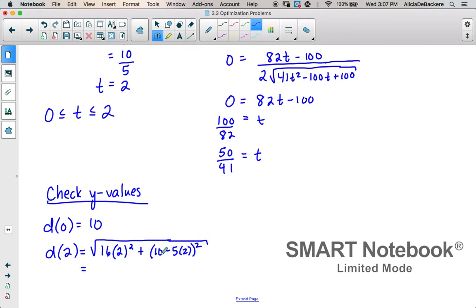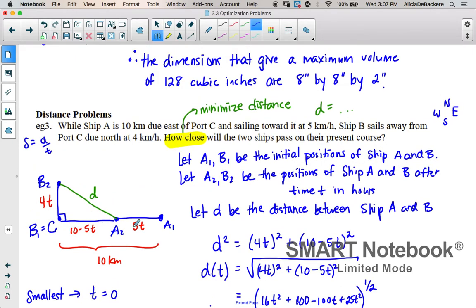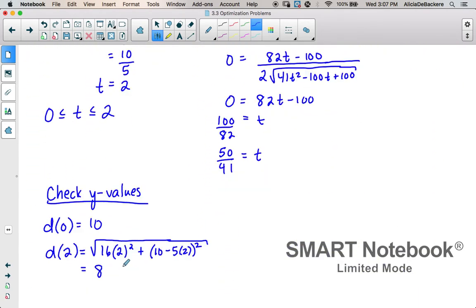And you can use the original version of the equation, or you could use a more simplified version as well, that's fine. Either way, you should get a distance of 8 when the ship gets to the port. And again, you can double check, like, does that make sense with the story? After 2 hours, ship A is at the port, so it's right here. And after 2 hours, ship B has gone 4 kilometers north twice, so that's 8. That makes sense.